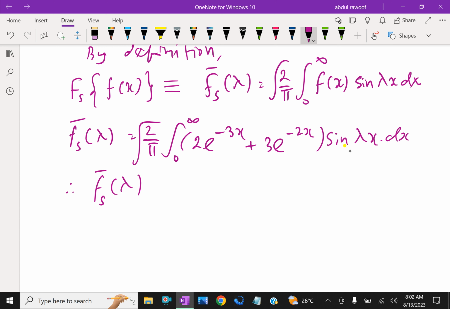which is equal to square root of 2 over pi, integral 0 to infinity.